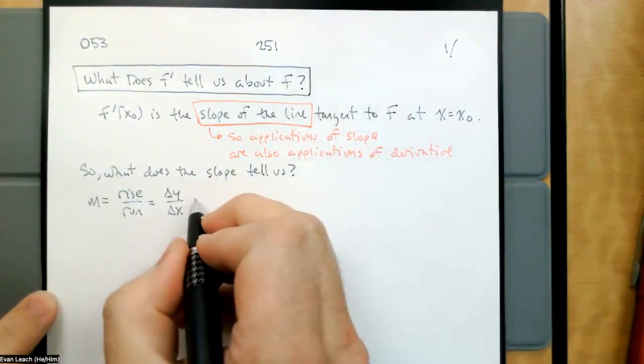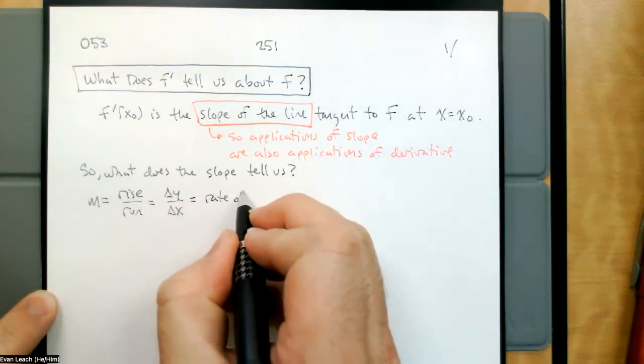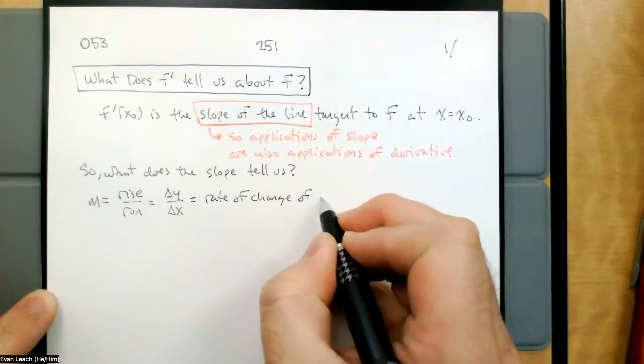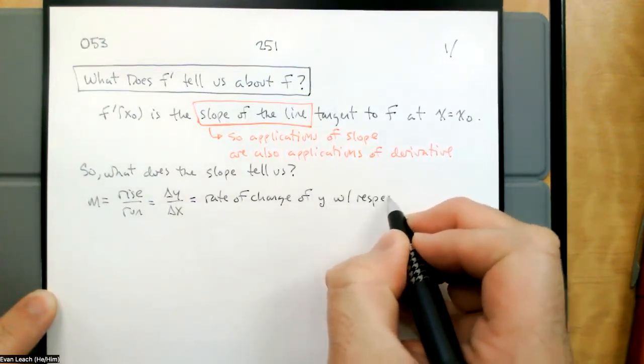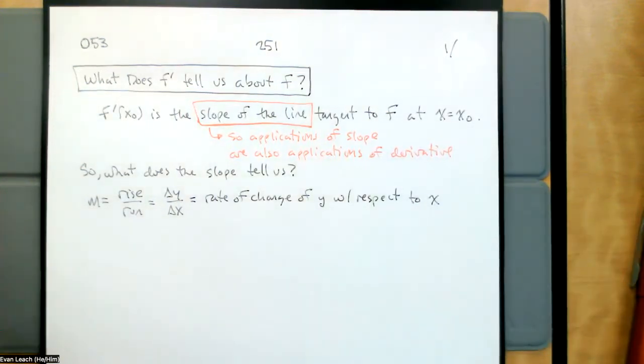So we're going to say this is the rate of change of y with respect to x. For 2 points, you're going to be looking at the average rate of change of y with respect to x.